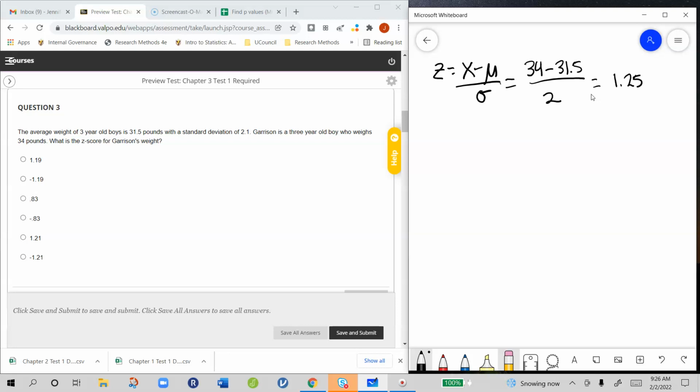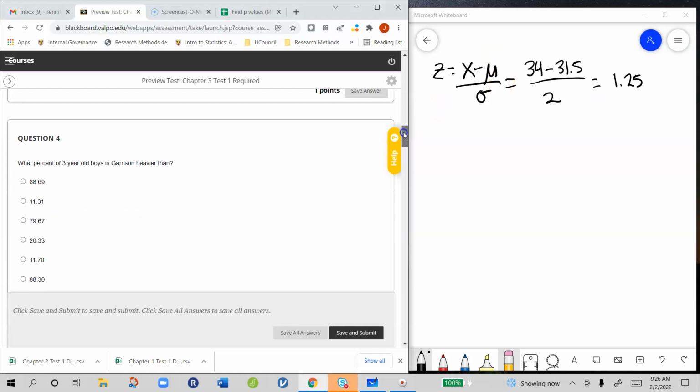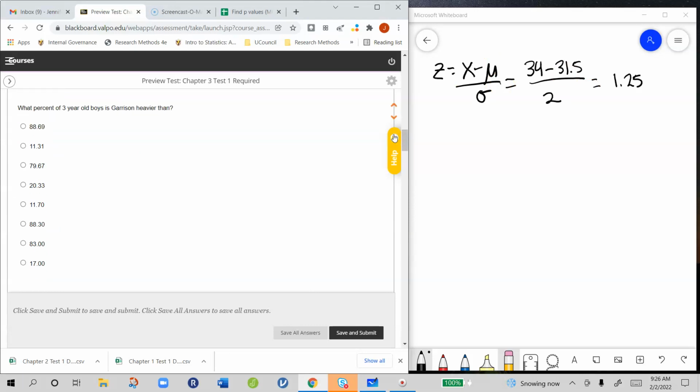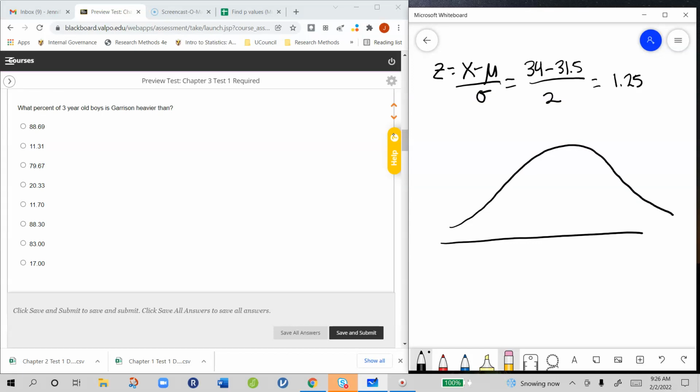So, next, we're going to figure out the percent of 3-year-old boys Garrison is heavier than. So to do this, I'm going to draw a normal distribution and locate Garrison on this normal distribution. A z distribution has a mean of 0 and a standard deviation of 1. And Garrison has a score of 1.25. That is his z.